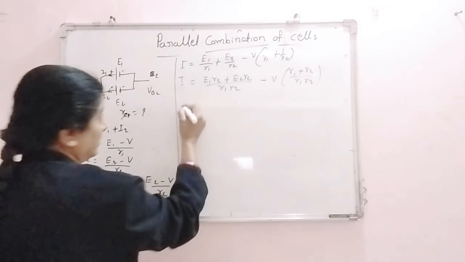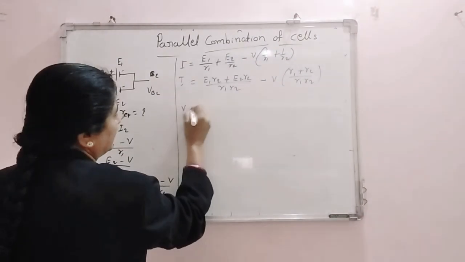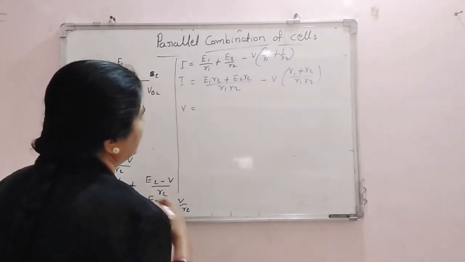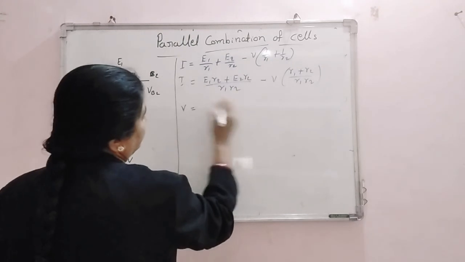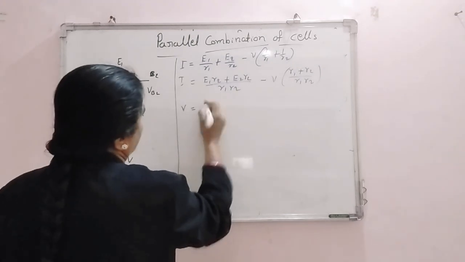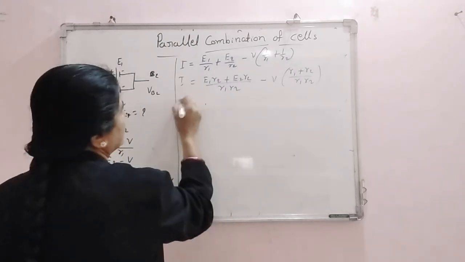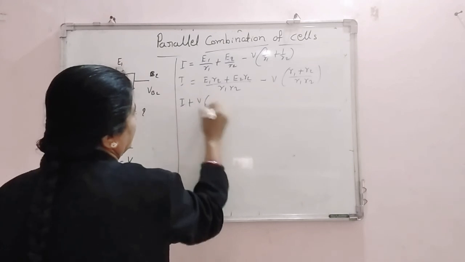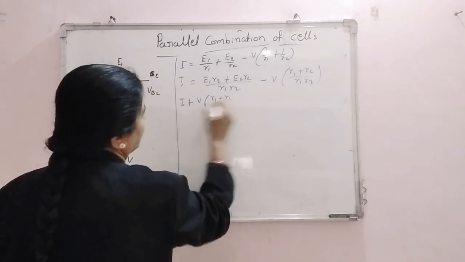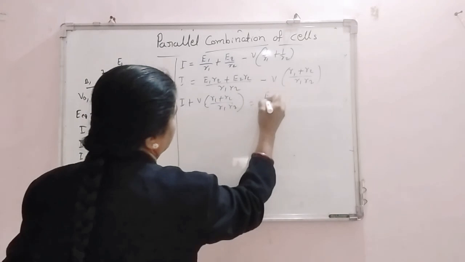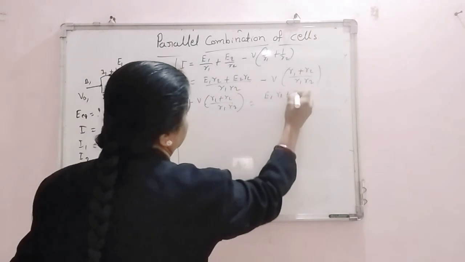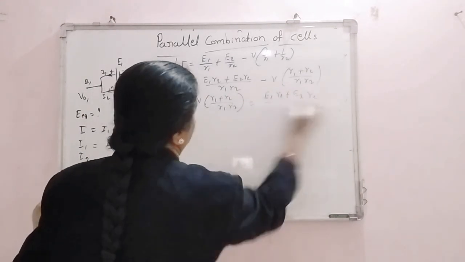Now V is equal to what? If we rearrange this, I plus V into (R1 plus R2) upon R1 R2 is equal to (E1 R2 plus E2 R1) upon R1 R2.